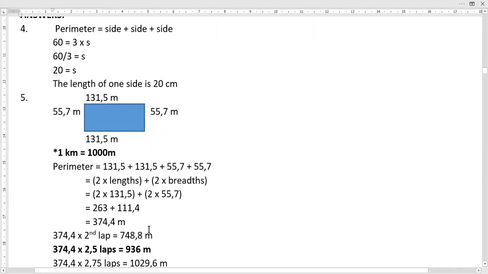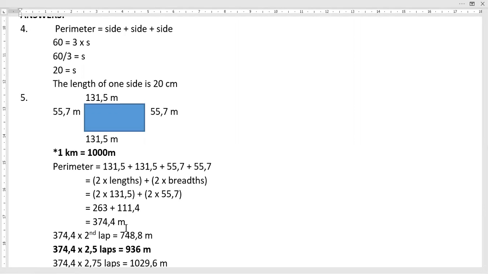So what you can do is take 1,000 and divide it by 374.4. It will give you a more accurate number of laps. If you want to, you can actually do that. It's better if you do that on your calculator, because then you can get an accurate number.